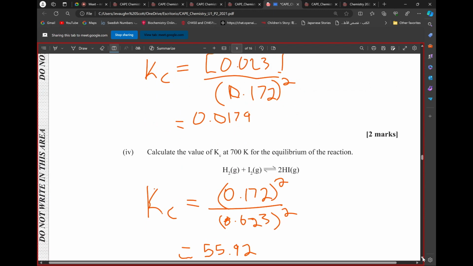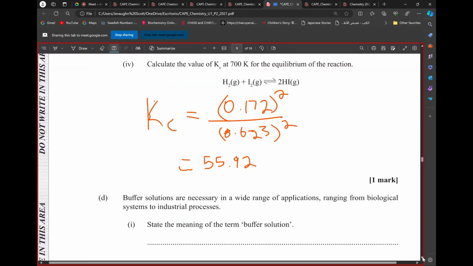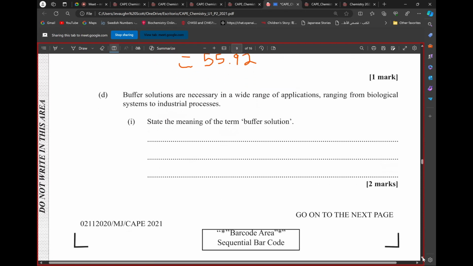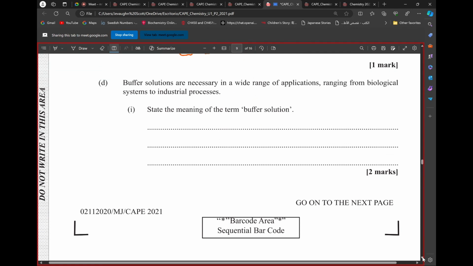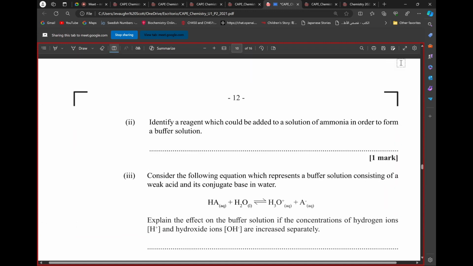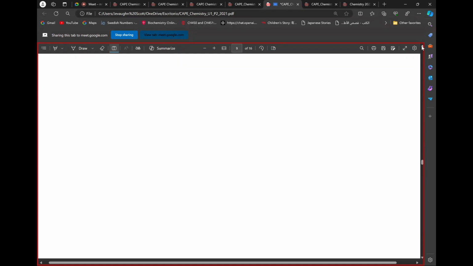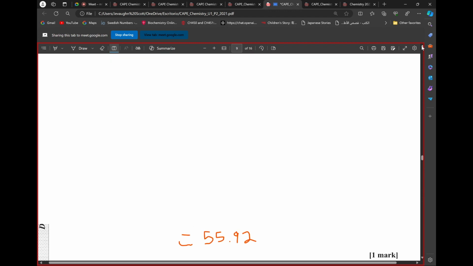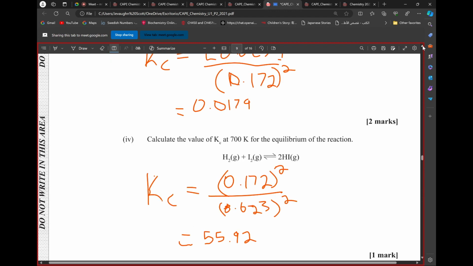Sir, did you go through any solubility product question as yet, sir? I went away for a while, so I'm not quite sure. Yes, we did a few. But we're going to be going through the past papers with them. So no problem. Sir, can I see the question above, please? Which question? This question, the buffer systems one? No, the one above this? Yes, sir.